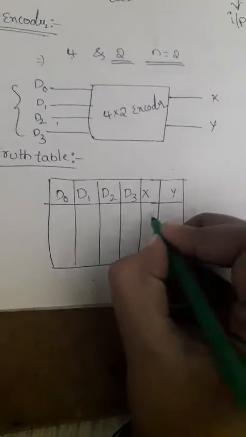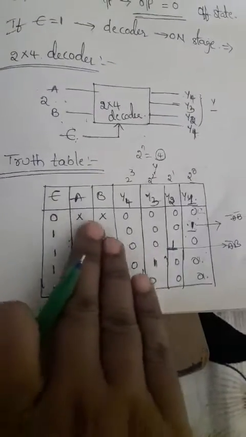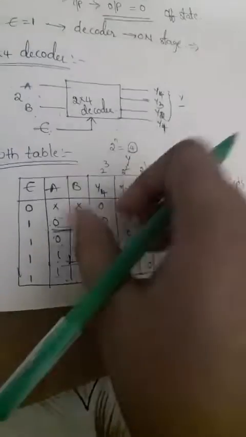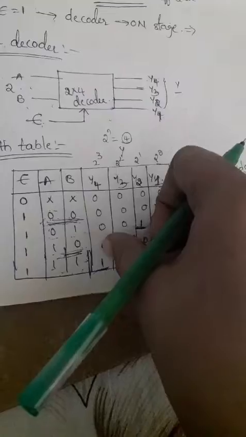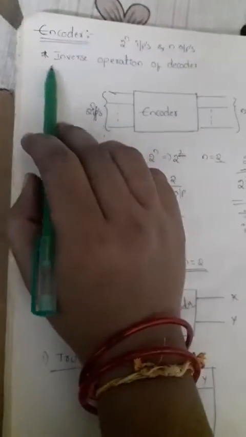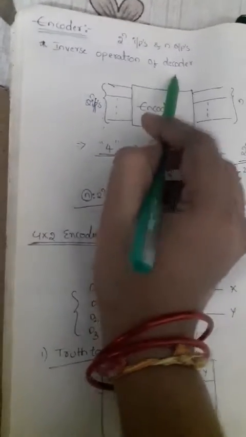Okay, so like this way here also we can choose that output. So how do we choose that output? Whatever input lines occurred in the 2 to 4 decoder will be present at the output in the encoder, and whatever output lines we have in the decoder will be present at the input in the encoder. That is the output operation of the encoder. Just now I explained, this is the inverse operation of the decoder.